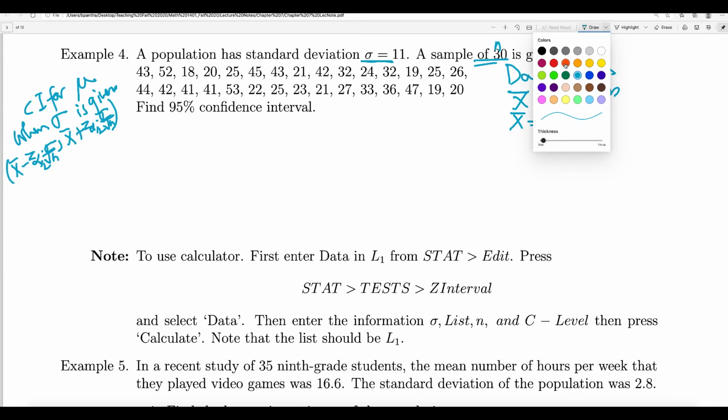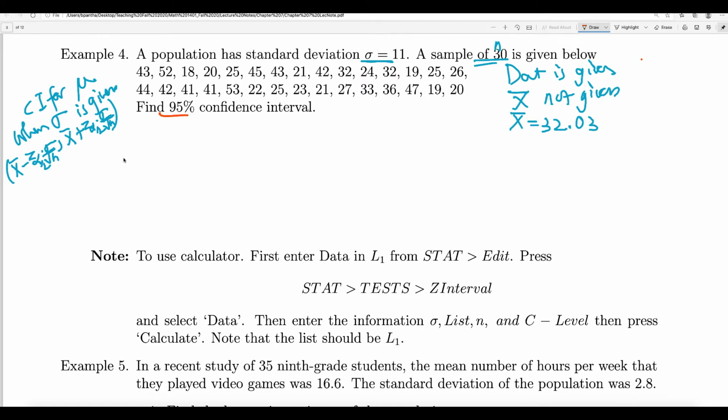A 95% confidence interval means the middle region is 95%, so the middle area is 0.95. So what will be the outside area? The total outside area is 5%, 0.05.